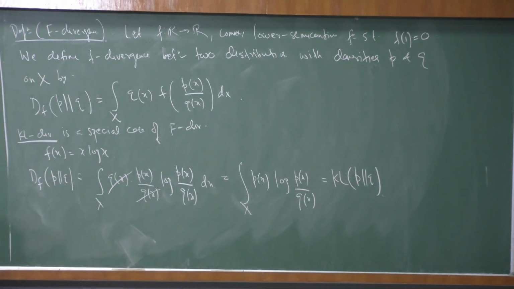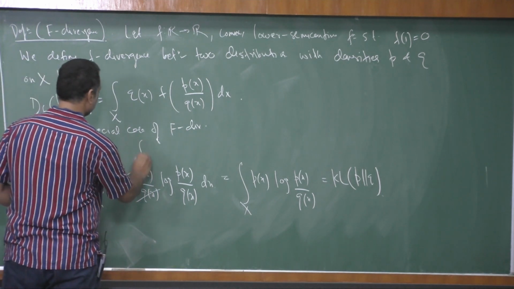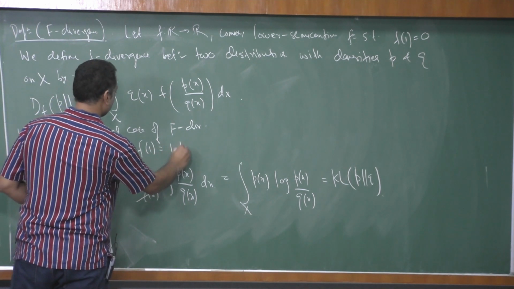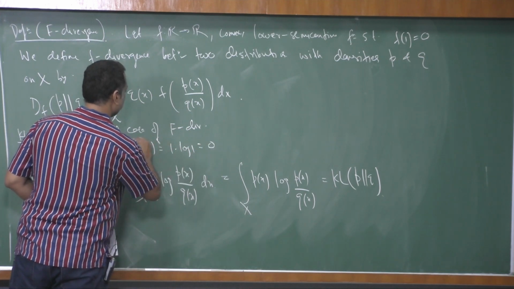Okay. So f divergence is a more generic form, right? It's a more generic way to define a divergence where I can choose f to be a generic convex function with the restriction that f(1) is 0. In this case, of course, f(1) is 0, right? Because log 1 is 0. So f(1) is 1 times log 1, which is 0.